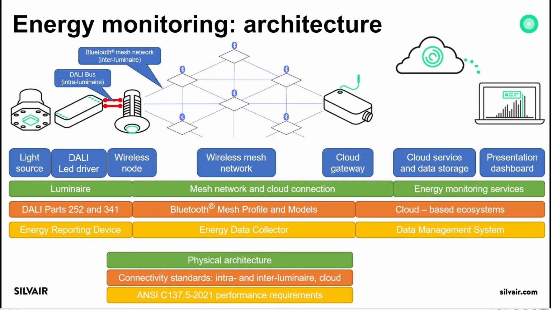Now, from the standard perspective, what's inside the luminaire, as I explained on the previous slides, is covered mostly by the DALI, in this particular case, parts 252, which is energy metering and energy measurement, and 341, which is translation of DALI to Bluetooth mesh. Now, the inter-luminaire network is covered by the Bluetooth standards. In this particular case, these are Bluetooth mesh profile and models.